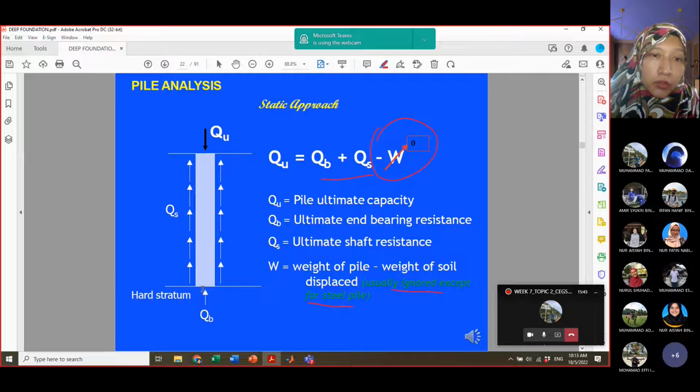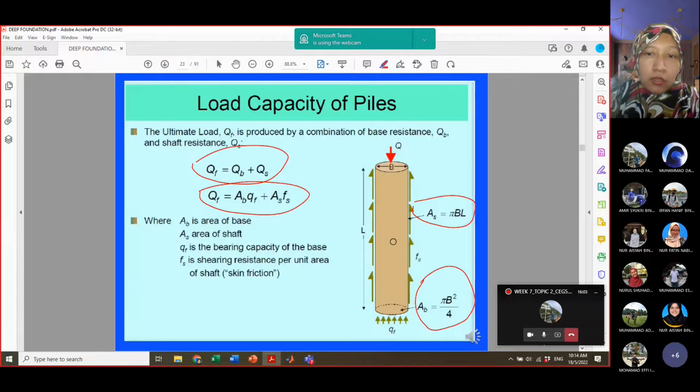So according to this figure, the QU consists of the QS plus QB. QB is the end bearing capacity at the bottom of the pile where it rests on, whether it rests on a hard stratum or it is hanging. So it depends. I have explained that.